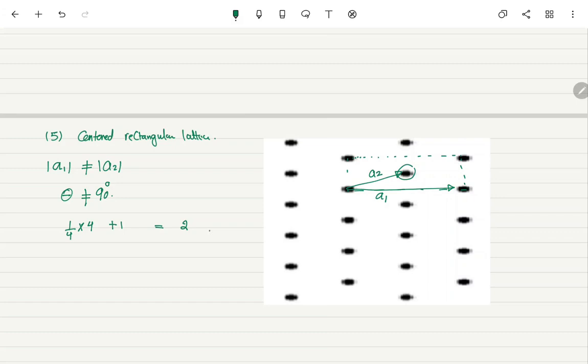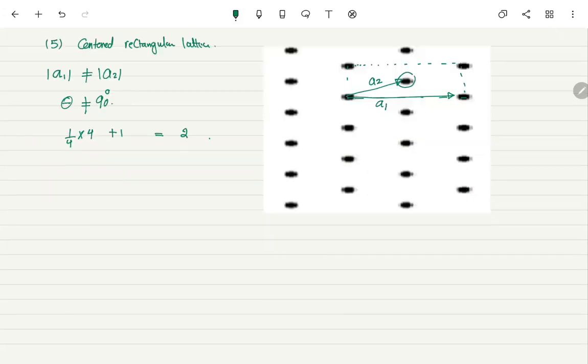Let's summarize what we just discussed so far. A crystal has a primitive cell.